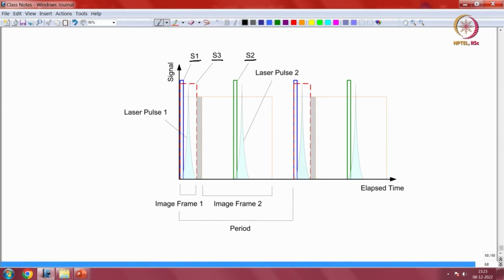So this is a diagram which shows schematically what happens. For example, in this particular schematic, you have 3 control signals that are being generated from a synchronizer.